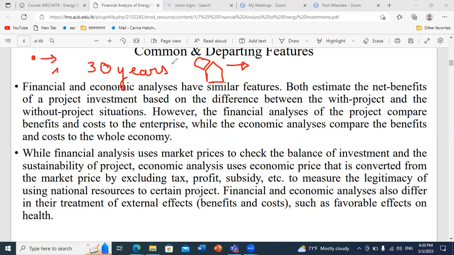The income is the energy saved if we were paying for energy instead. Exactly. Very good. So it's the energy saved if we don't have this system. What is the amount of money we will pay? So this is why they said here mainly we take the net benefit based on the difference between the with project and without project situations. When I install the system, what are my payments?